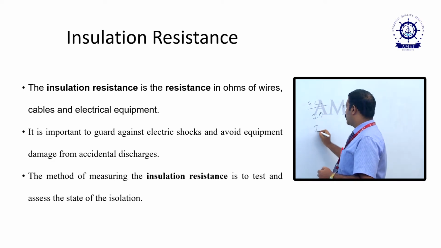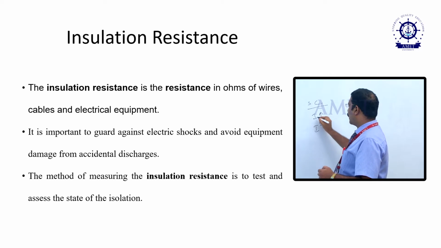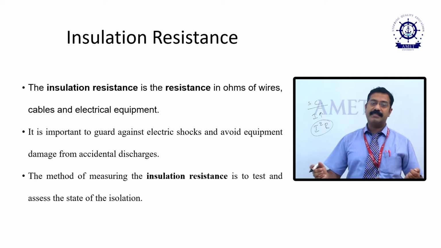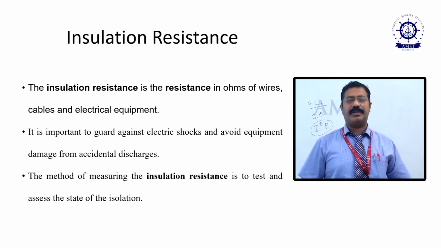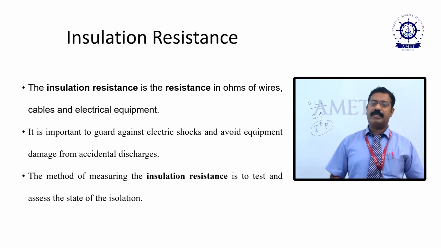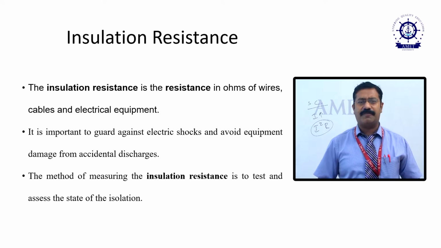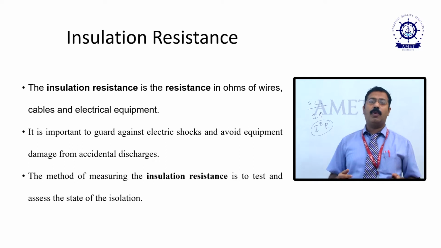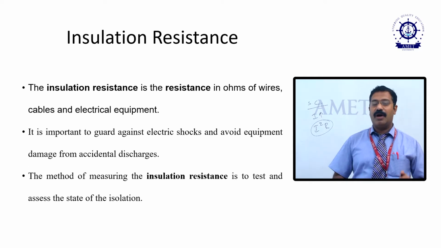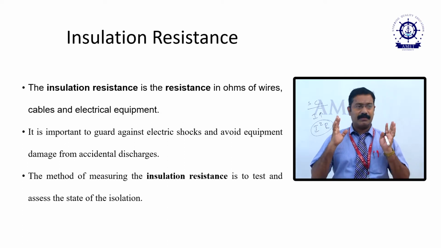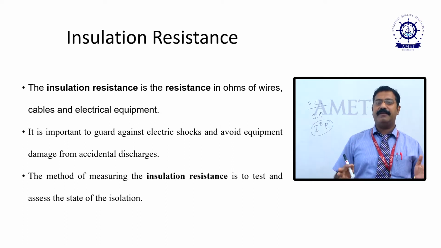If the loss is I square R, and the current value is high, this I square R will also be very high. If that is the case, we are going to waste the generated power. We should not waste the generated power because we are already in deficiency of power. Therefore, we have to know what the insulation value is, how it has been operated, and whether the power has been used efficiently or wasted.